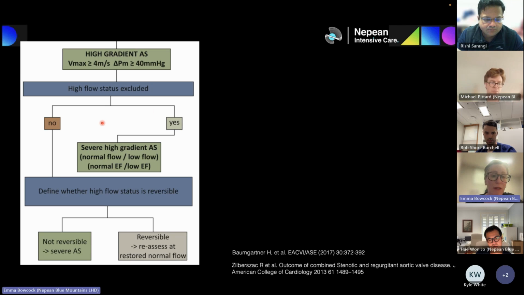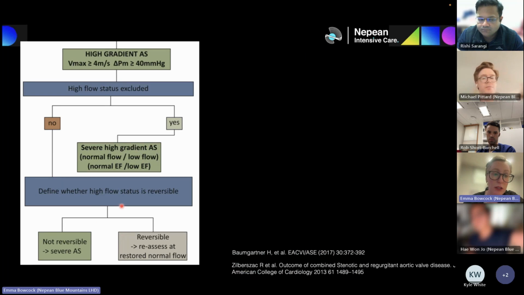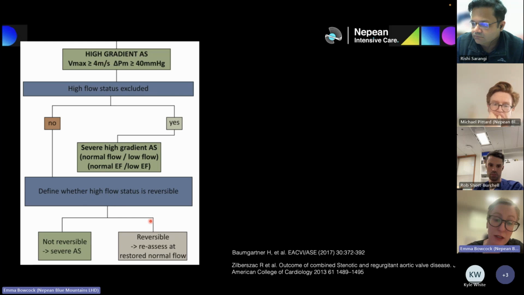So if they have a high flow status, like they've got a high cardiac output for whatever reason, or aortic regurg, so this patient, for example, then we would need to determine whether that high flow status is reversible or not. And most of our patients, I would say, have this reversible flow status. So what I usually say when I'm reporting these is reassess the severity of the aortic stenosis once they're over their critical illness.